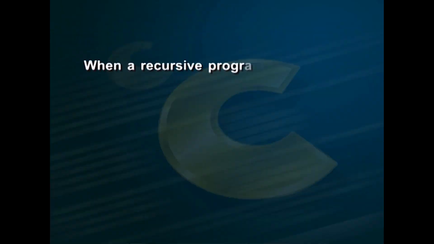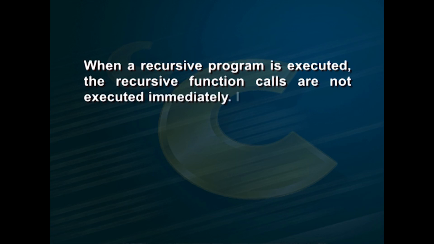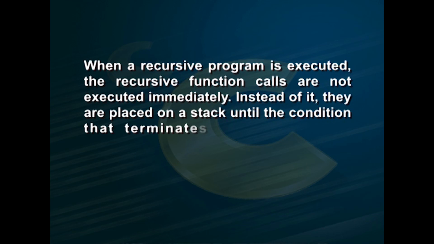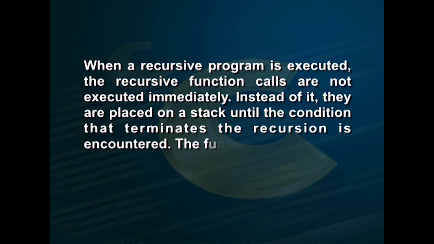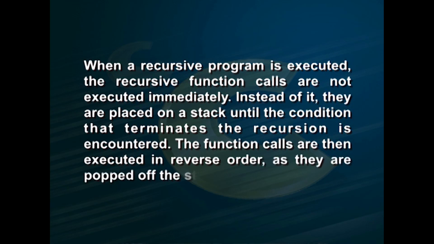When a recursive program is executed, the recursive function calls are not executed immediately. Instead, they are placed on a stack until the condition that terminates the recursion is encountered. The function calls are then executed in reverse order as they are popped off the stack.